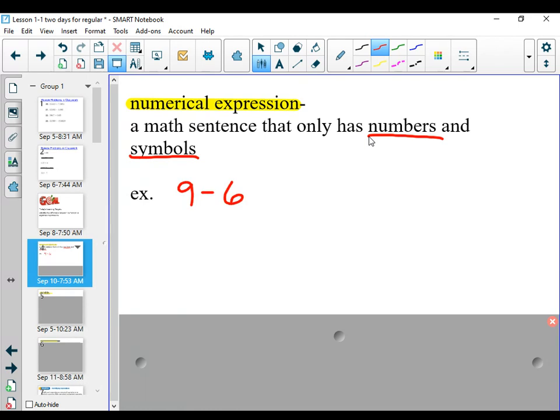You might have a numerical expression that says 9 minus 6. As long as it only has numbers and symbols, you have a numerical expression.